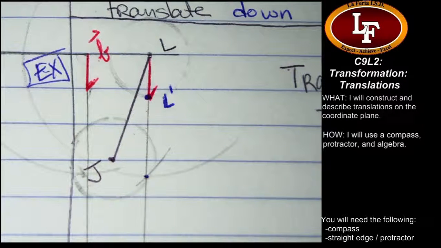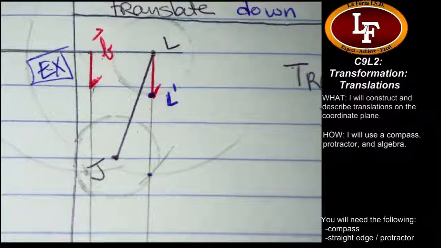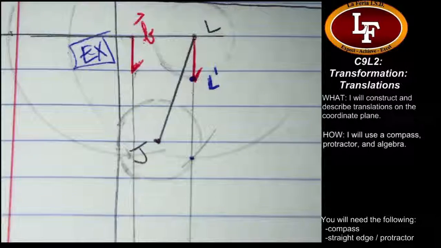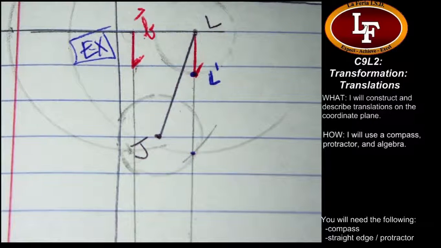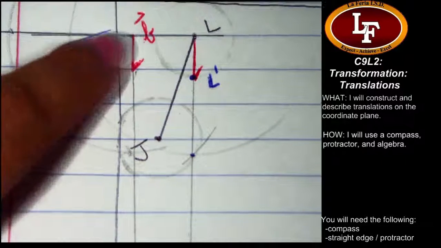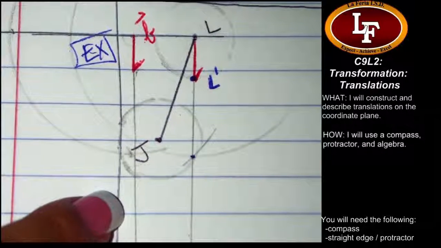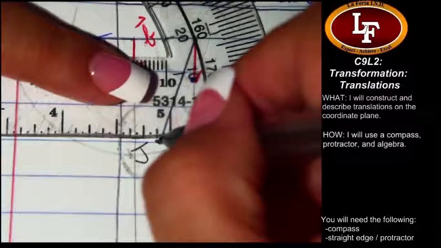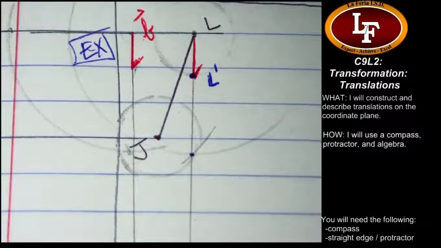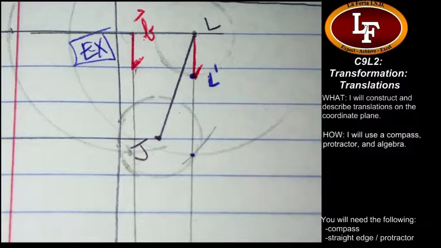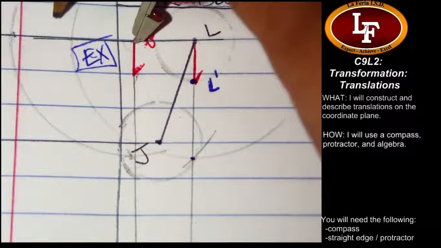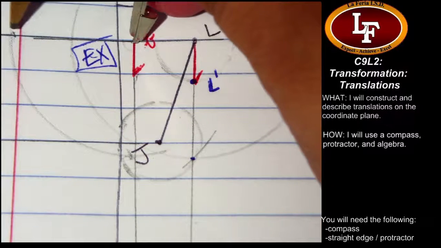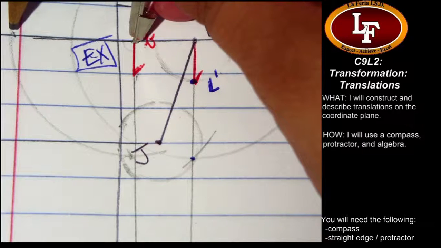We have to repeat this for J. I'm going to show the repeat again. I have this angle already, so the only thing I need to do on J is to get my reference. So here's my reference ray. Here's me finding that distance for the congruent angles for my first marking.